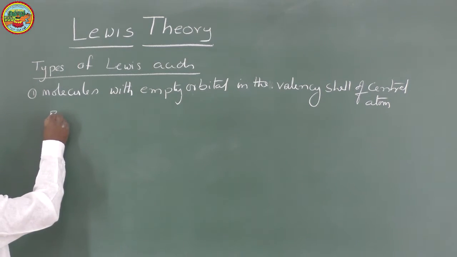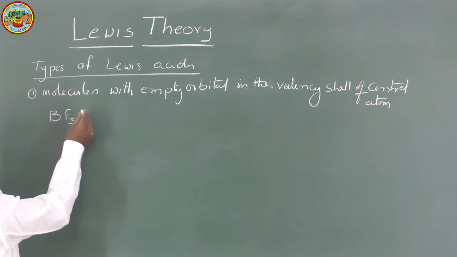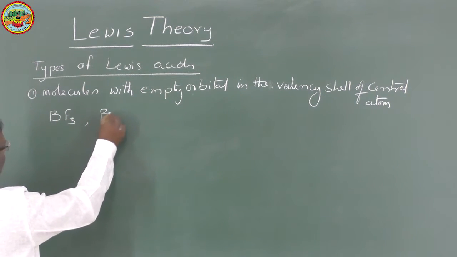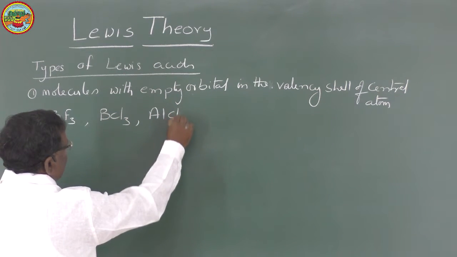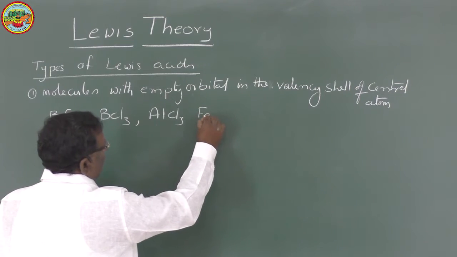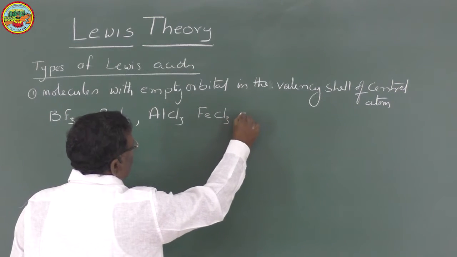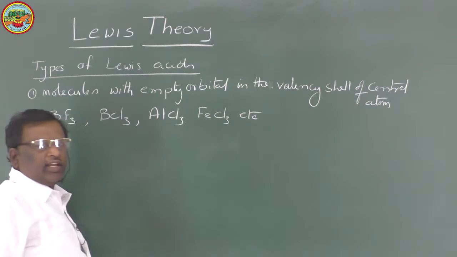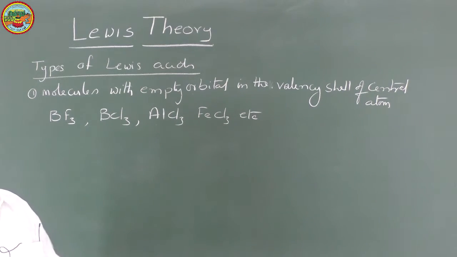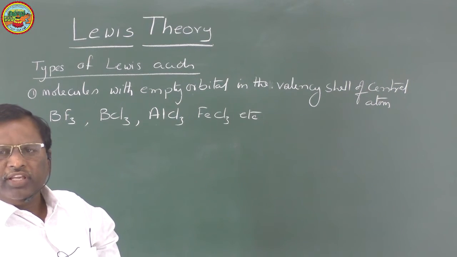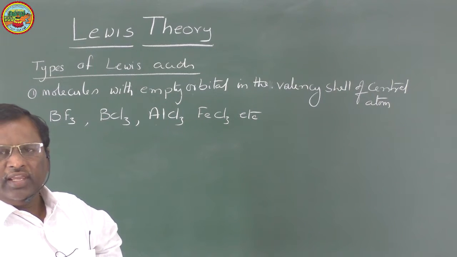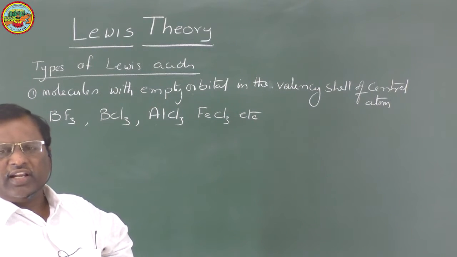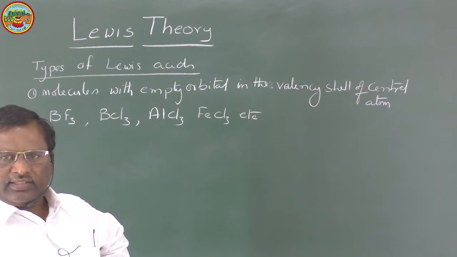Examples are BF3, BCl3, AlCl3, FeCl3, etc. They can be considered as Lewis acids because in their central atom, we have an empty orbital. This is the first category of Lewis acids.